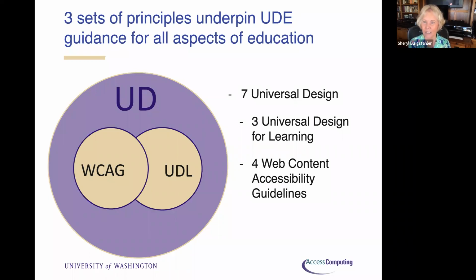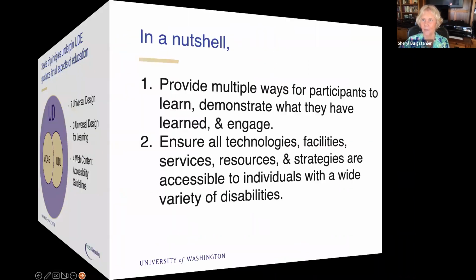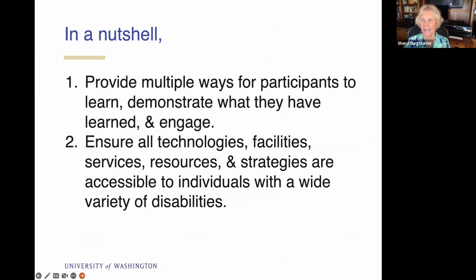It's been around for a long time. It's called the Web Content Accessibility Guidelines. And even though it has web in the term and in its title, it can be used to guide all IT in its development. And there are actually 4 basic principles that underpin all the practices and guidelines that go along with that. So that's kind of complicated, but we can make it not so complicated.